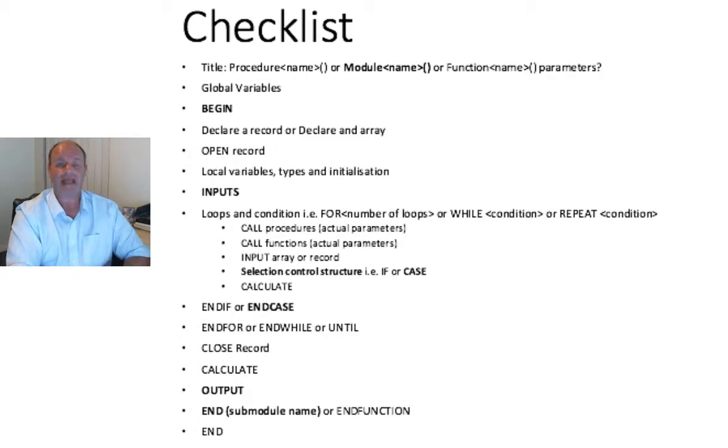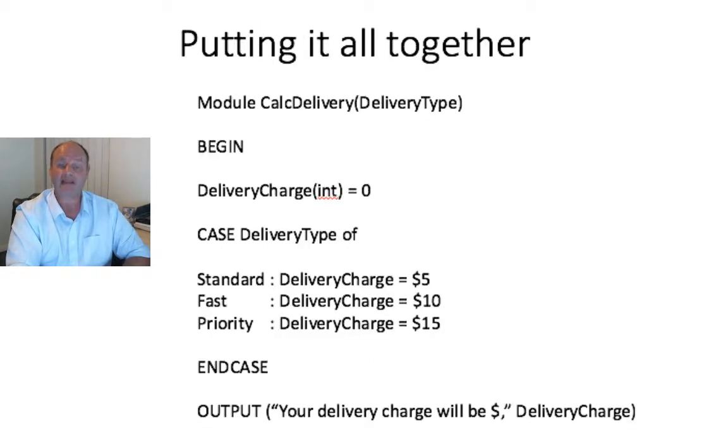Now comes the output. Again, to remind you, the keyword output is in capital letters. What we want to output is in brackets. In speech marks is what we want printed, and the delivery charge is the variable which will display the value which corresponds to the delivery type that was sent from the main module.